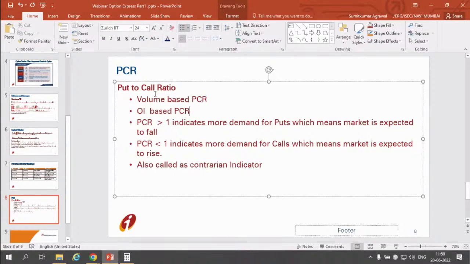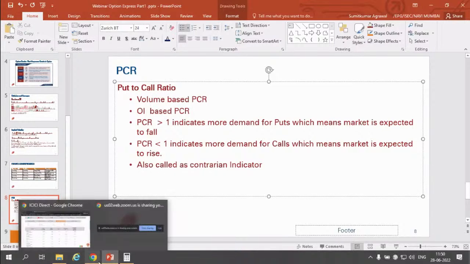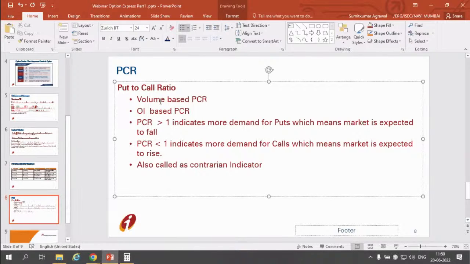What they do is they combine all the volumes on the option chain for the put, take a calculation of that, and then do exactly the same thing for the call as well. When the ratio of put to call is taken, you will get a value either below 1 or above 1.